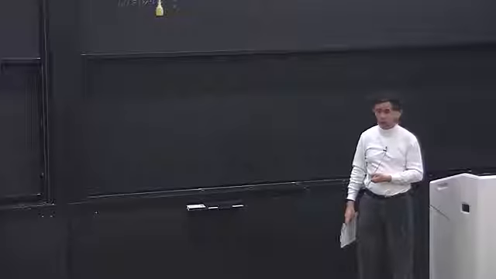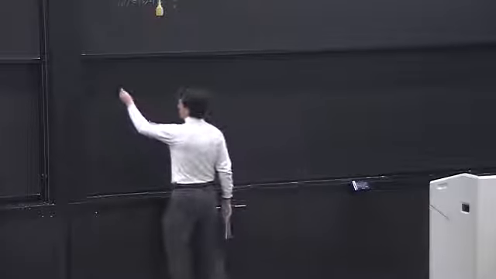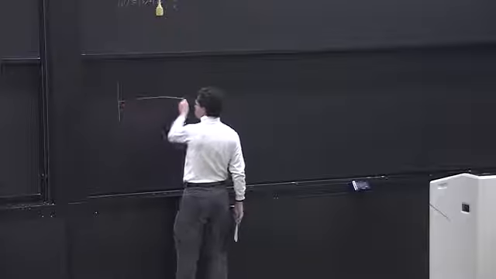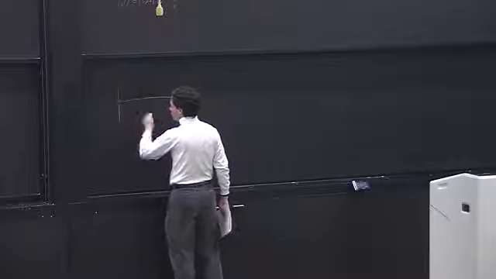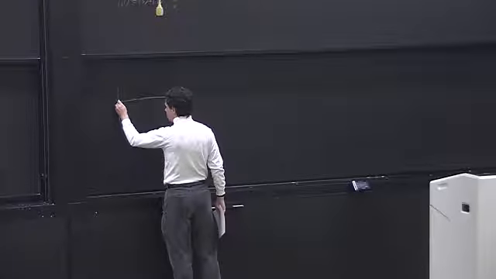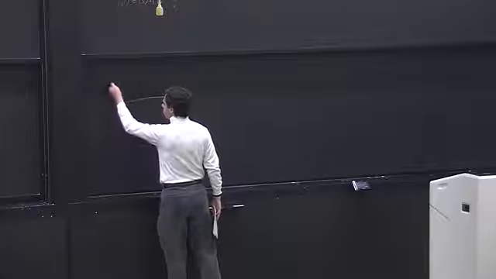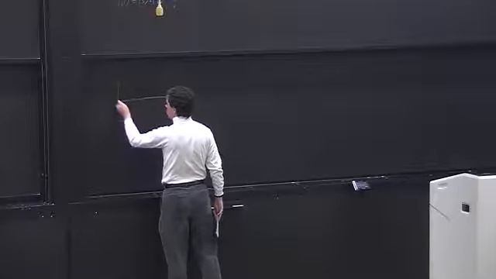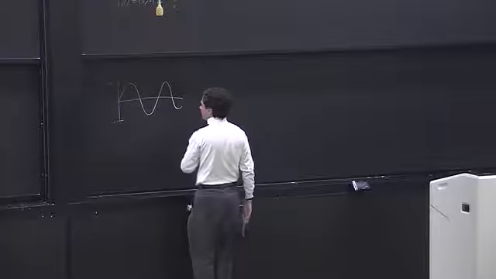Let me draw that out. So let's actually draw the amplitude of success. We start out with zero queries at a very small probability of success. And it's going to go up to close to +1 and down to -1. It goes up like this, and then down like this, and up like this, and down like this, and so on.